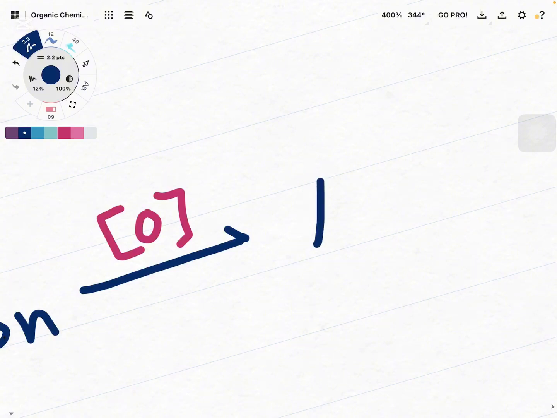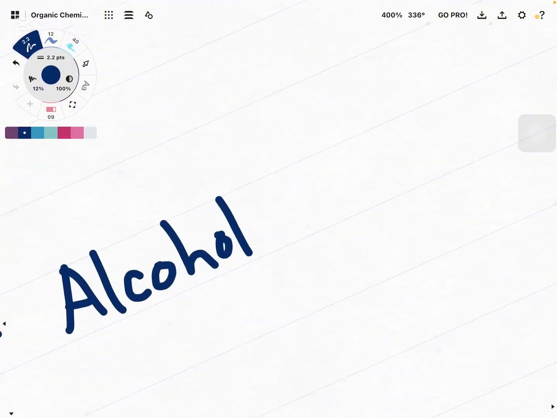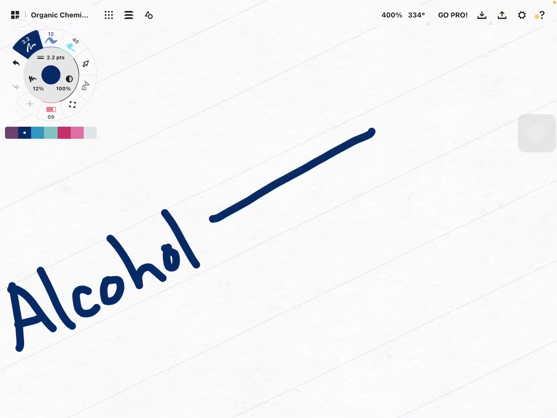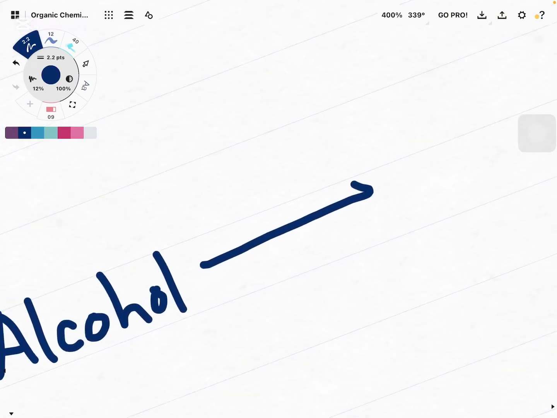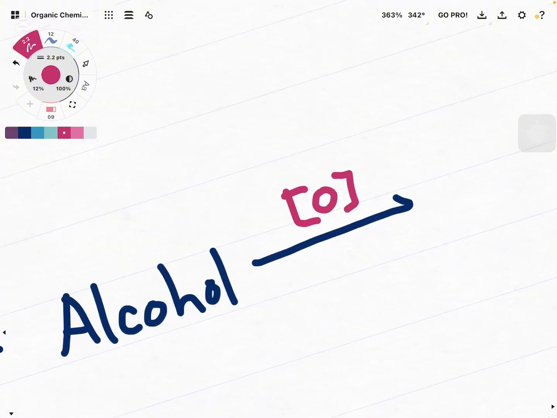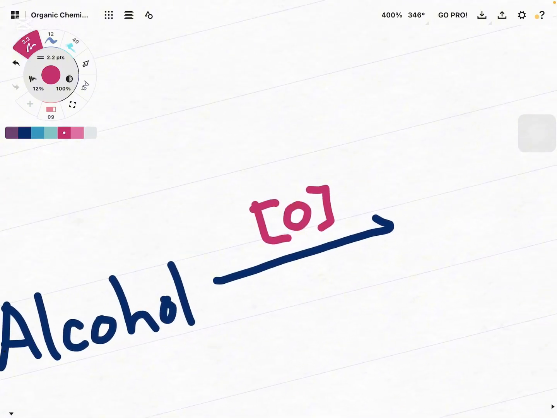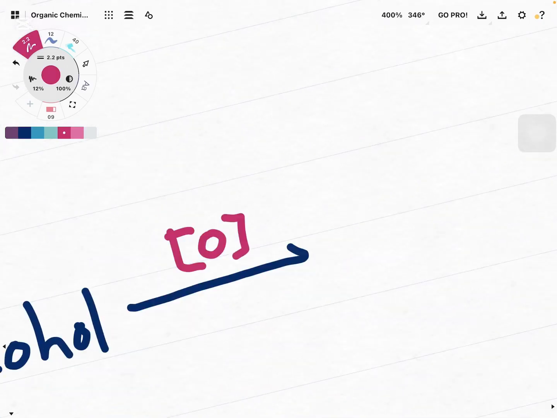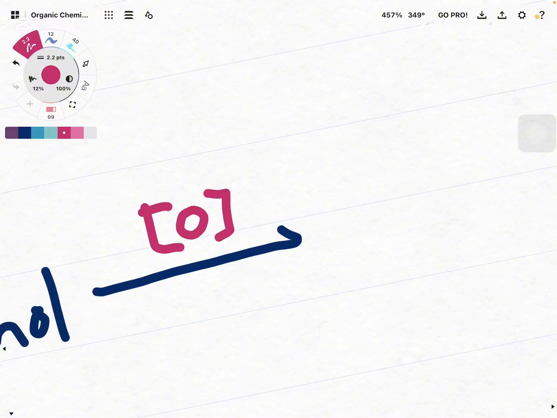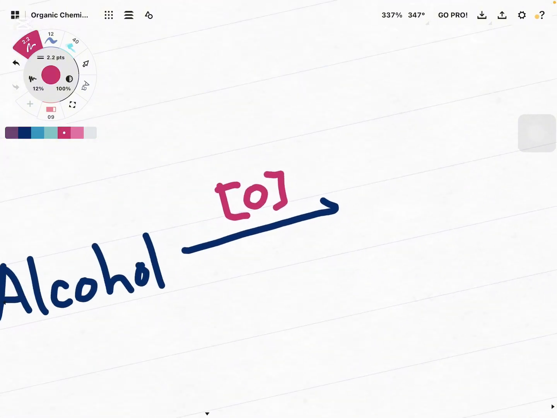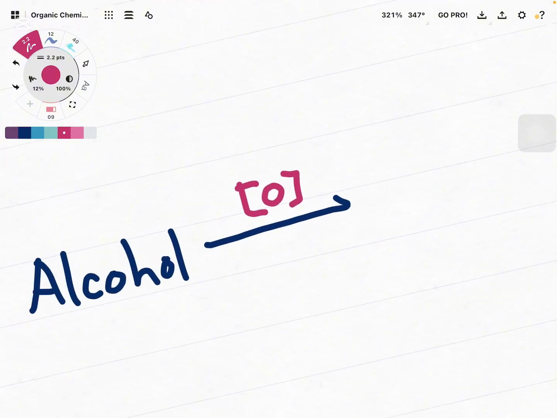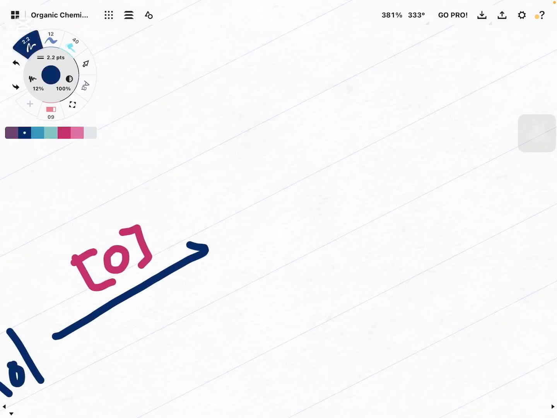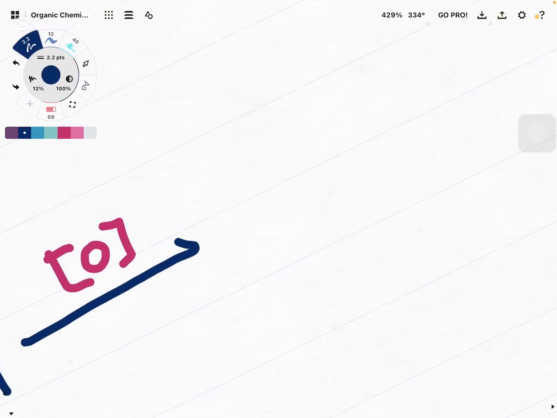Okay, alcohol. If we further oxidize it, so oxidization means to add oxygen, or remove hydrogen. So if we oxidize the alcohol, we get aldehyde and ketones.